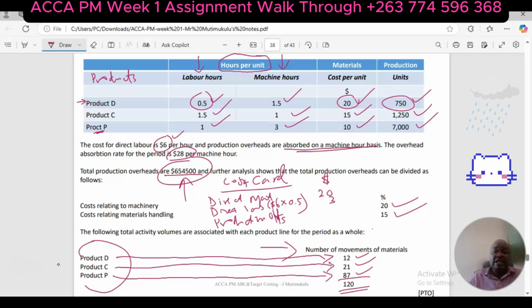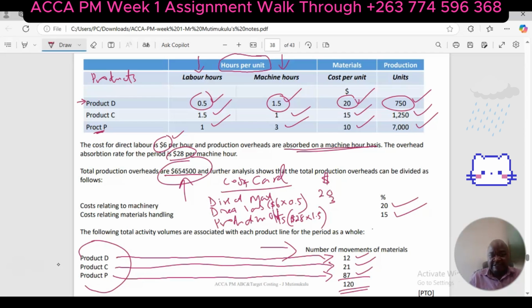Since the production overheads are based on the machine hours, we ask what the overhead absorption rate was. The overhead absorption rate was $28 per hour. How many machine hours does product D require? We are told that it requires 1.5 hours.